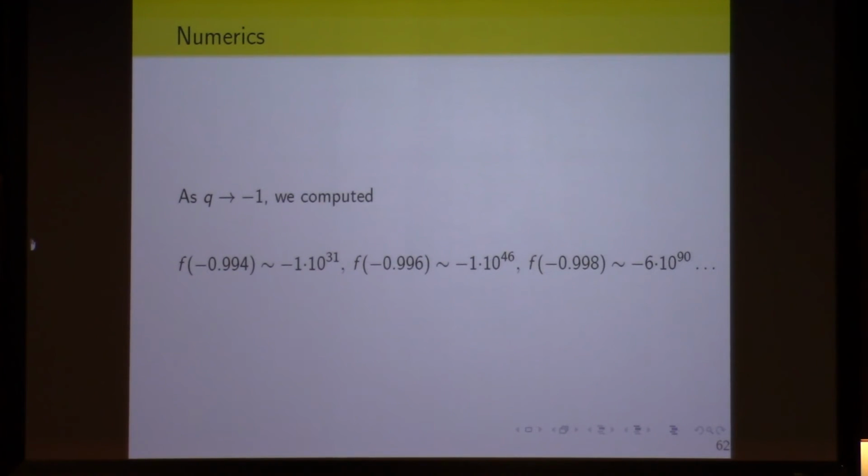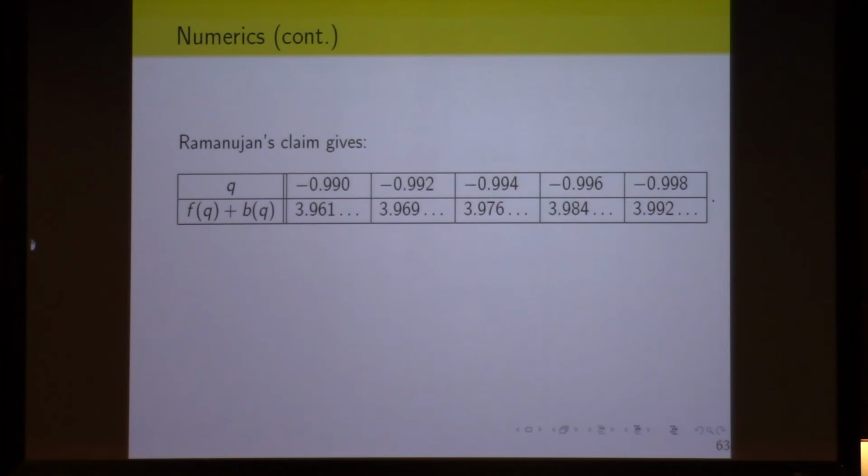So the first thing we did was look on a computer at what happens to these functions at the simplest even ordered root of unity, -1. This was just a couple years ago. Well, as q radially approaches -1, okay, it's exploding as we expected. Great.